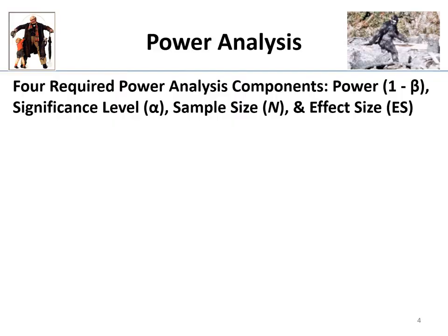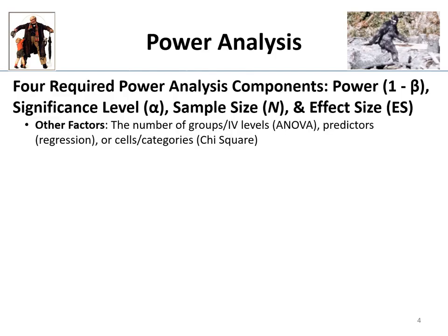So there are 4 required components to do a power analysis. If you have 3 of these, you can get the 4th. So it's kind of like algebra. You need power. You need your statistical significance level, or alpha. You need your sample size, and you need to know the effect size or an estimate of the likely effect size.